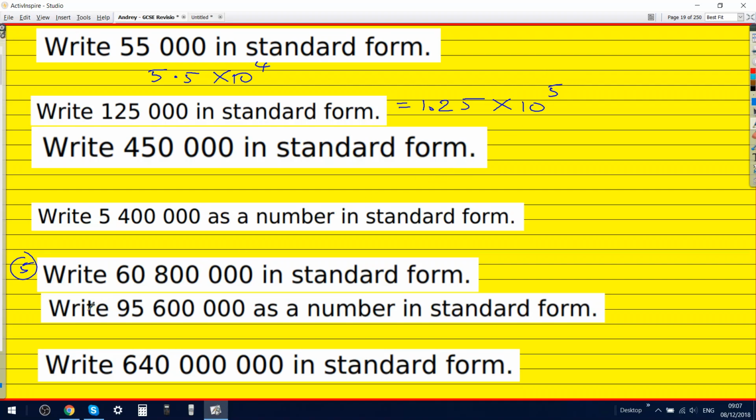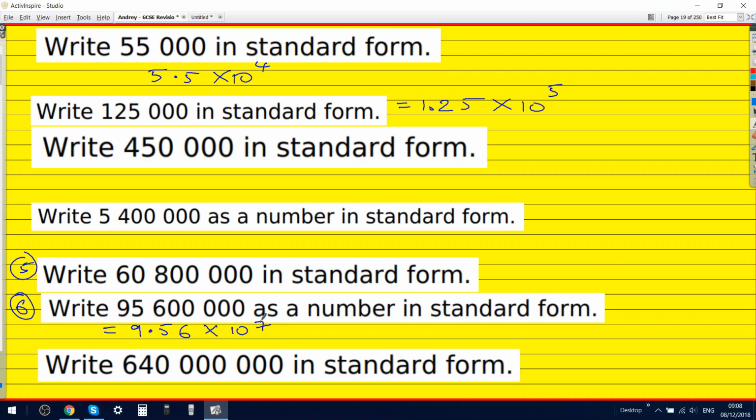How about question 6? 9.56 is equal to 9.56 times 10 to the 7.